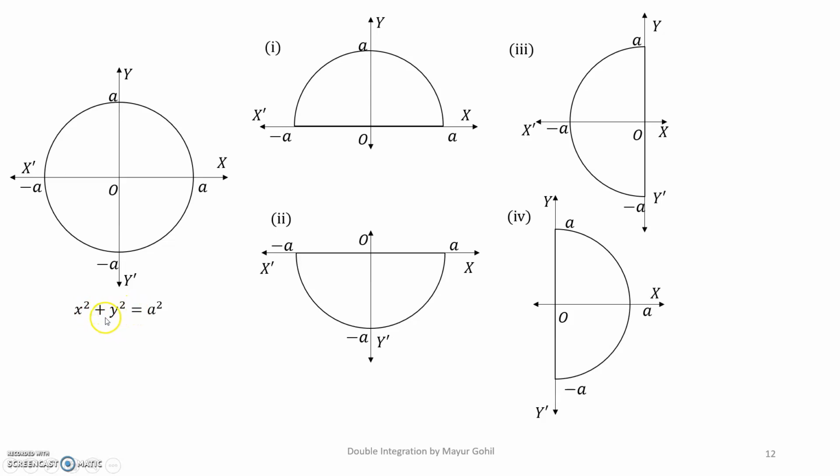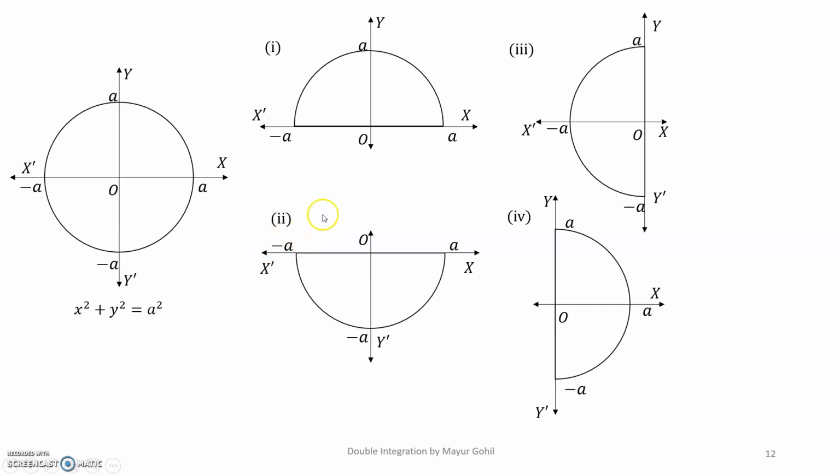If you solve this equation a little bit further, let's say I write y square equals a square minus x square, and then I take the square root on the other side, we always take plus and minus while taking the square root, right? So there is a positive part as well as a negative part. Those are going to play an important role over here.